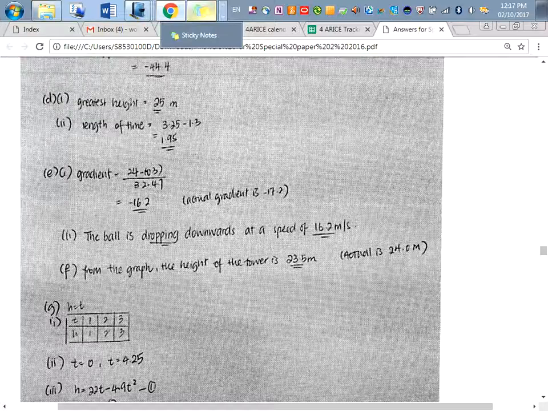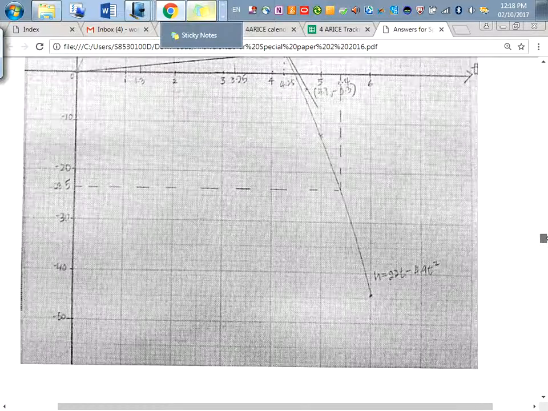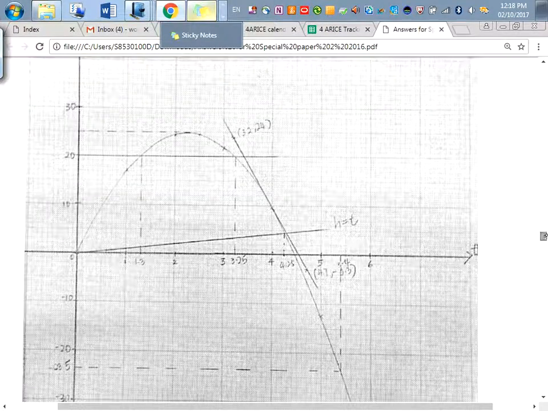So the ball hit the ground 5.4 seconds after it was thrown. Find the height of the tower. So 5.4 seconds.